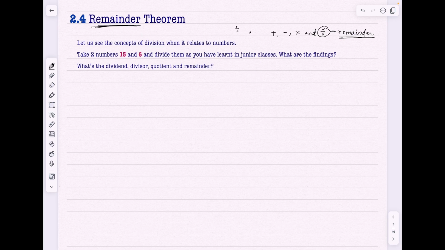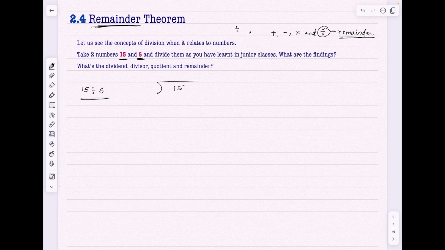In class 2 or 3 you have learned how to divide two numbers. Let us take these two numbers as 15 and 6. We have to divide 15 by 6. How did you used to do it in the primary classes? First you wrote 15.